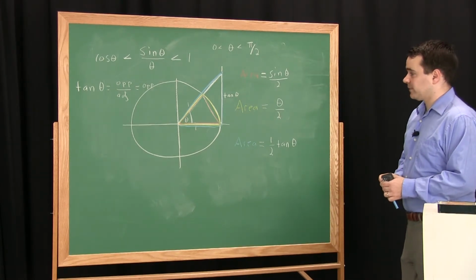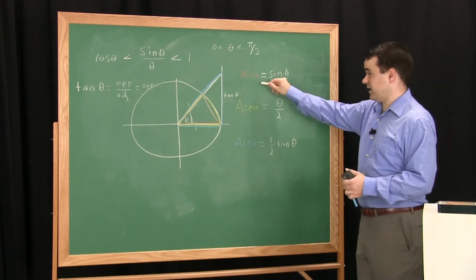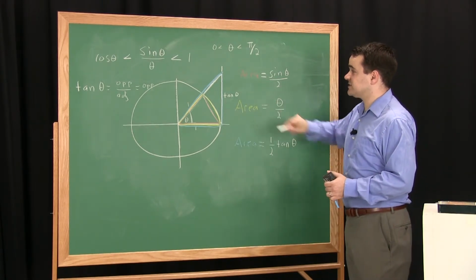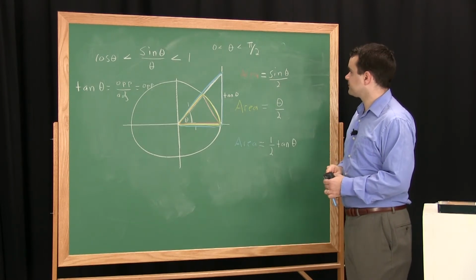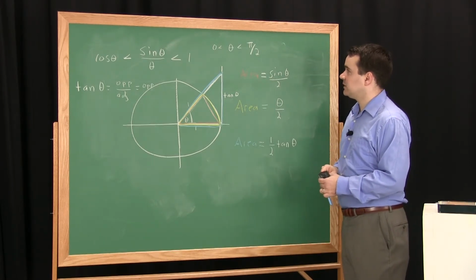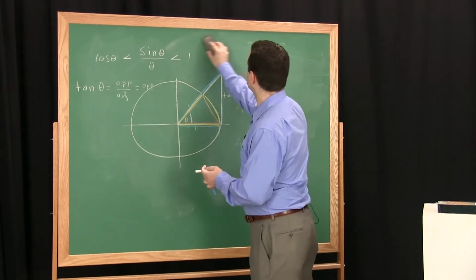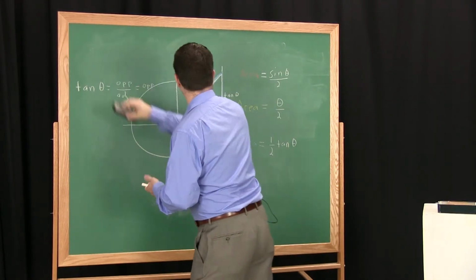So knowing that the red area is less than the yellow area, is less than the blue area, gives me some inequalities.